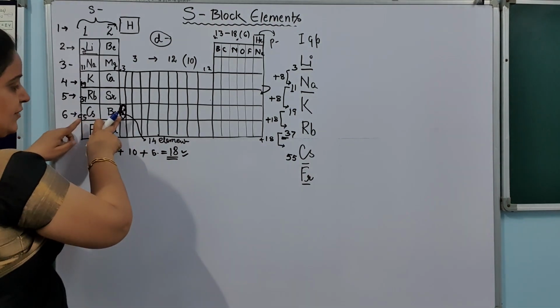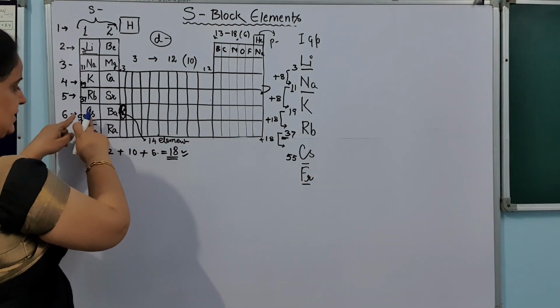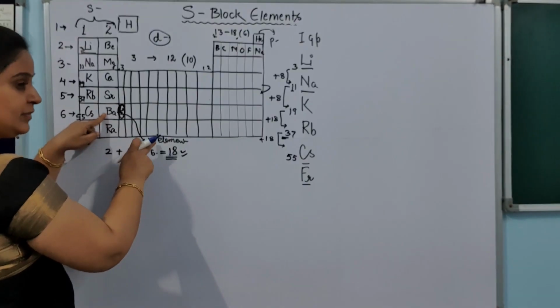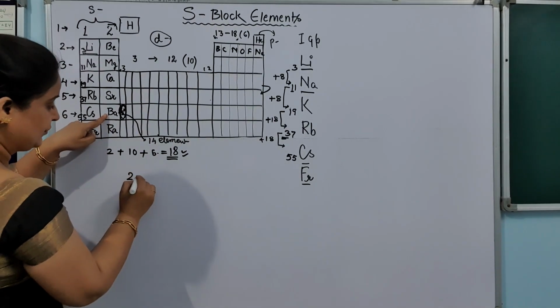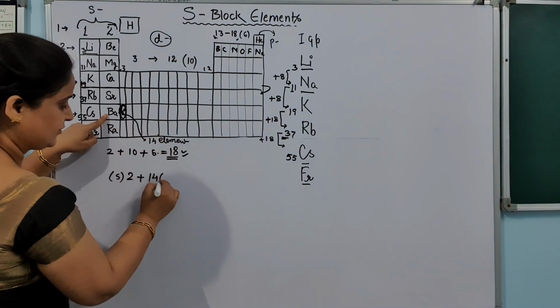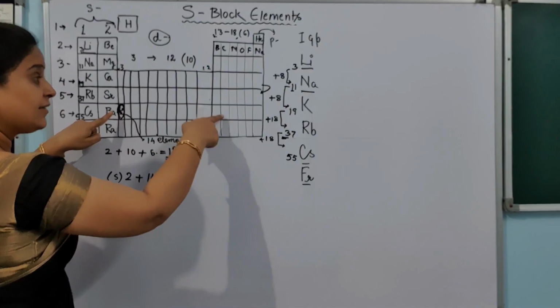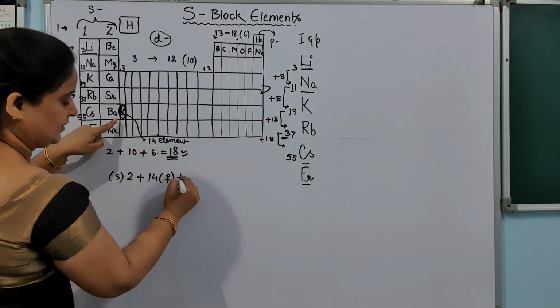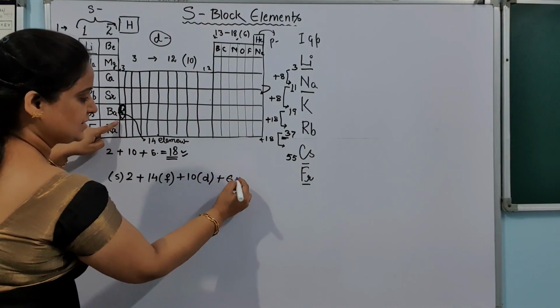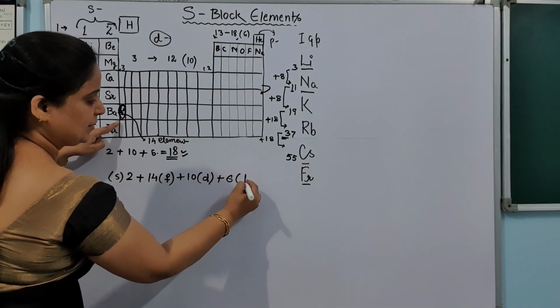So this we have to include, that is, the atomic number is increasing this way, 55 and then 56, and then 14 elements. So we have 2 from the S block, then 14 elements from the F block, then 10 elements from the D block, and then 6 elements from the P block.